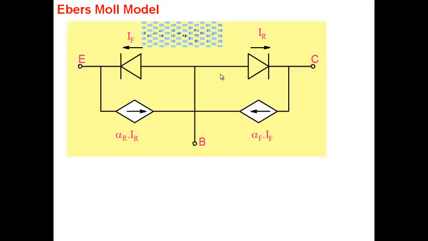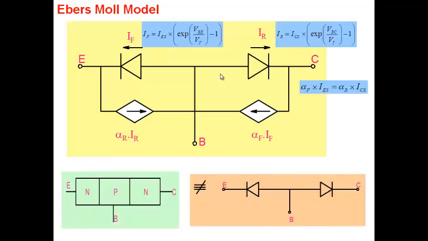Before you leave, one last point that we will come back to. It's an important point to note that when you look at a bipolar transistor, you see two diodes, one diode here and one diode here. A bipolar transistor is not simply two diodes connected back to back. Look at the difference between this picture and this picture. This is what a bipolar transistor is. It's not just two diodes.